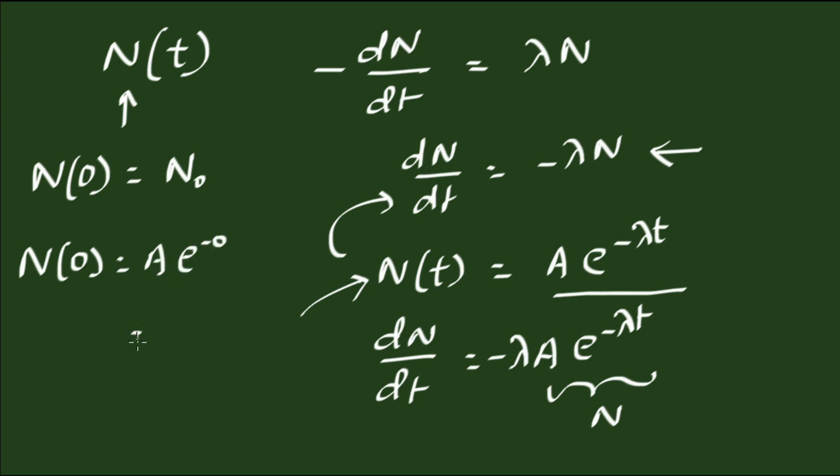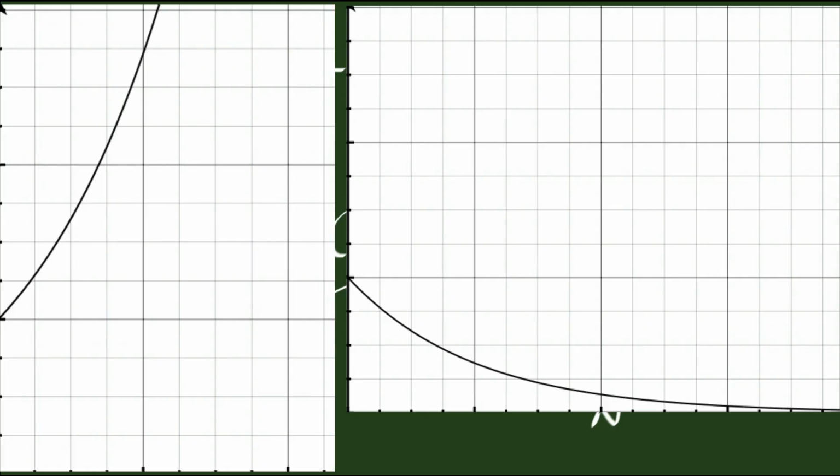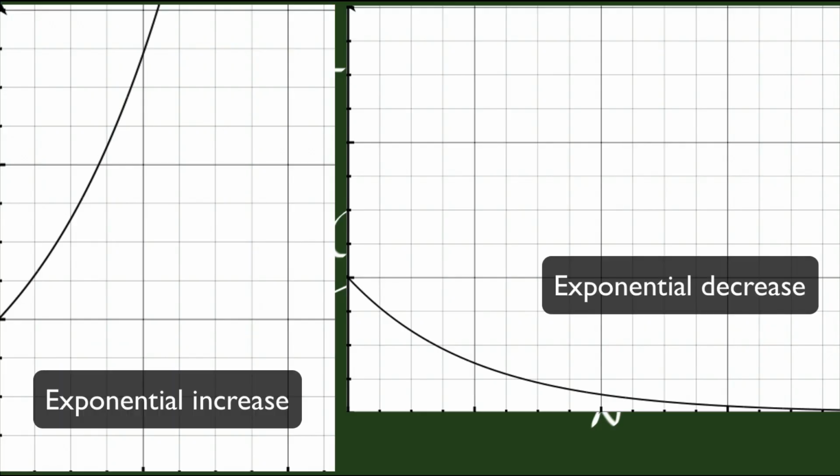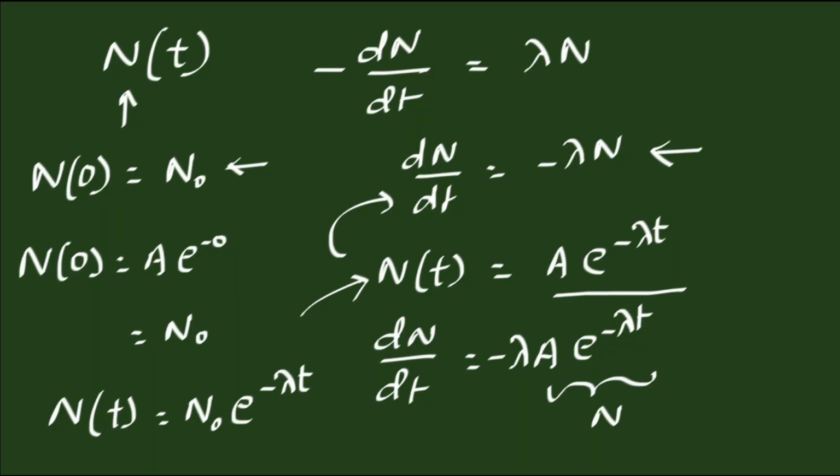So A is equal to N0, and so we get the particular solution for this initial condition as N as a function of time is N0 e to the power of minus lambda t. So this is an exponential decay. In the case of bacteria, we got an exponential increase. In the case of radioactive nuclei, we get an exponential decrease.